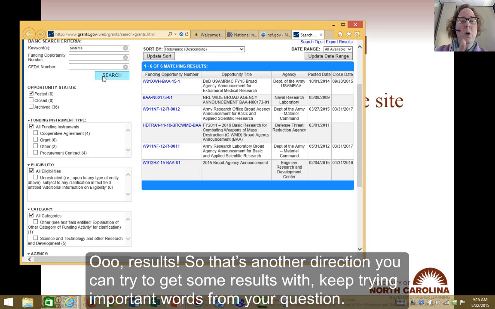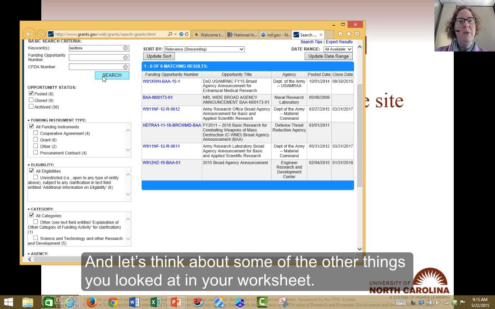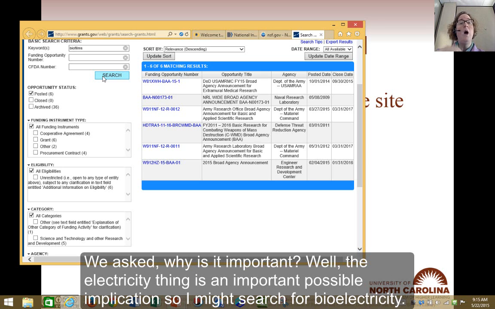Keep trying important words from your question. And let's think about some of the other things that you looked at in your worksheet. We asked, why is it important? Well, in mine, the electricity thing is an important possible implication, so I might search for bioelectricity.